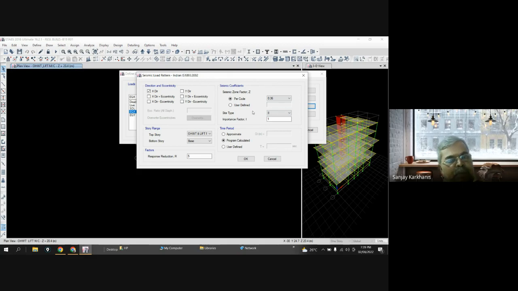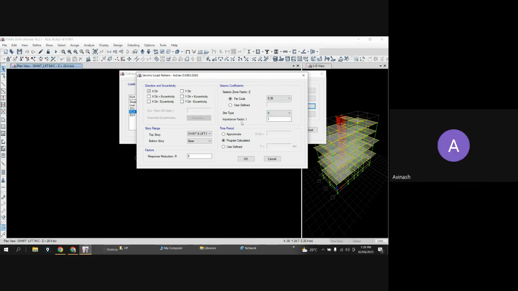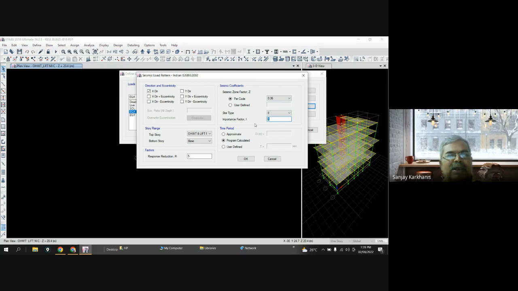Now soil type, you know that there were three soil types, 1, 2, and 3. In our data it was the second one, sir. Then the importance factor. For residential, it is 1. And if the building is residential and the number of people that will be there is more than 200, then you may go for 1.2.